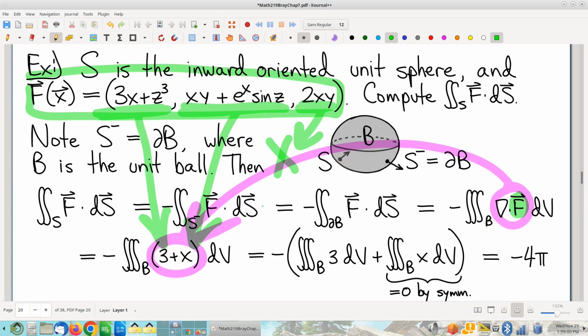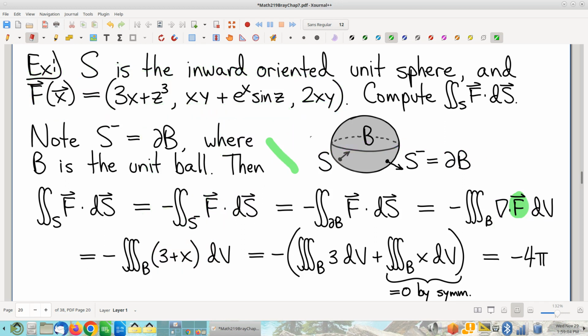So there's my divergence. I now have a triple integral, and I deliberately chose this vector field so that this integral would look like this, because if you were to take just a direct brute force approach to computing this integrand, it doesn't have any odd symmetries shared by the ball. You can't use the symmetry theorem.